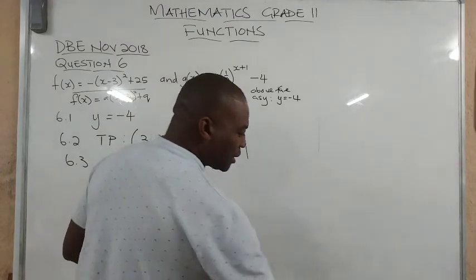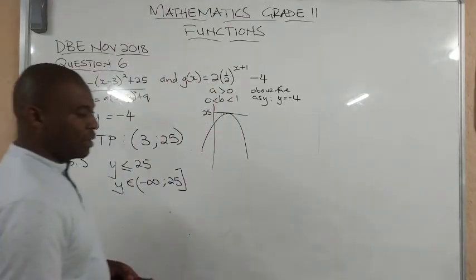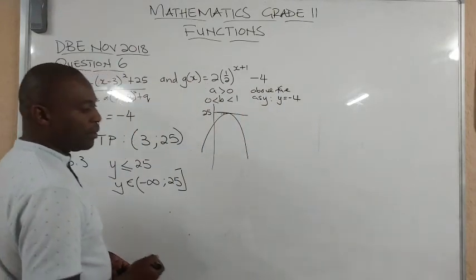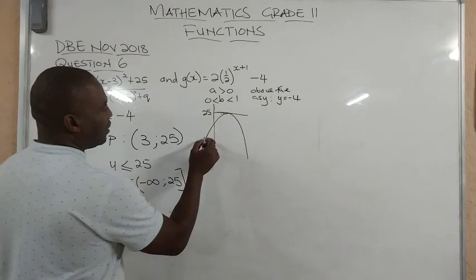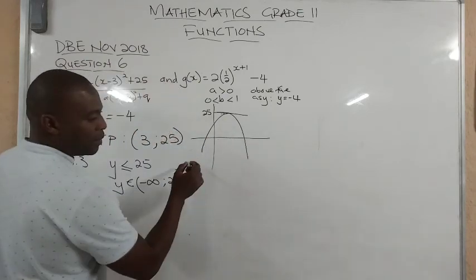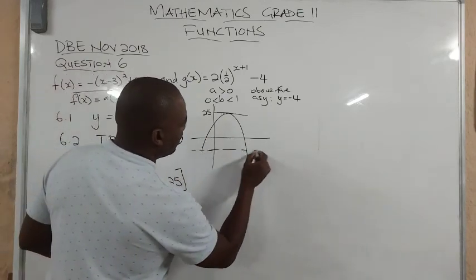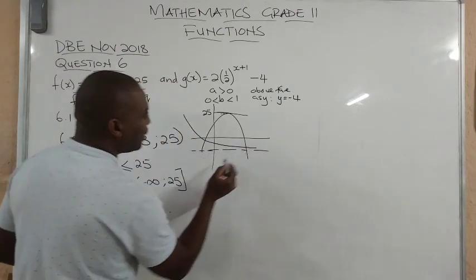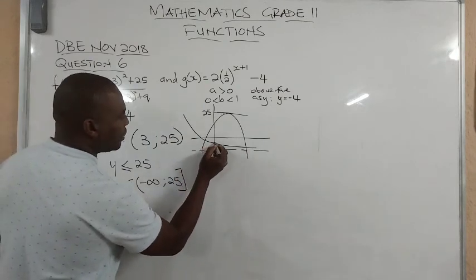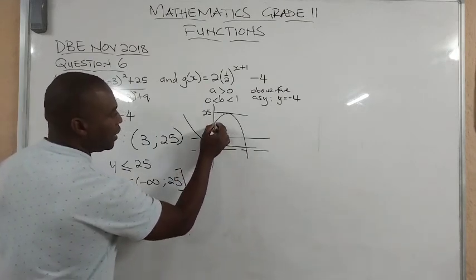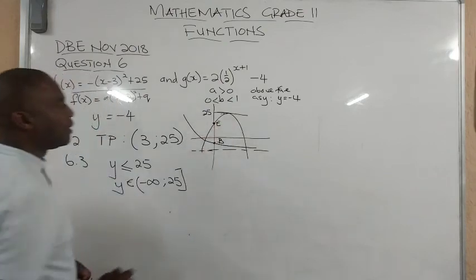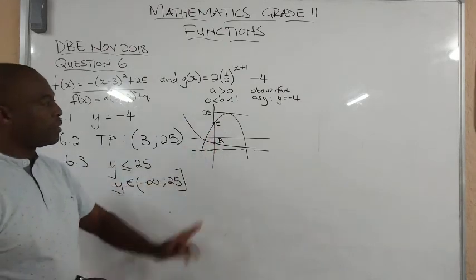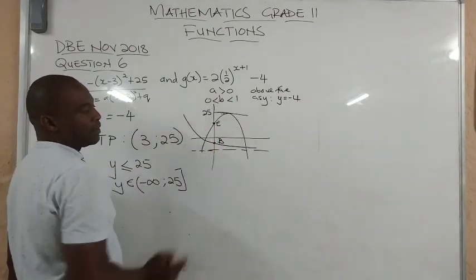6.4, we are asked to calculate the length of EB, and looking at the graph, we notice that our graph is like something like this. So this is B and this is E. So these 2 points are on the y-axis.